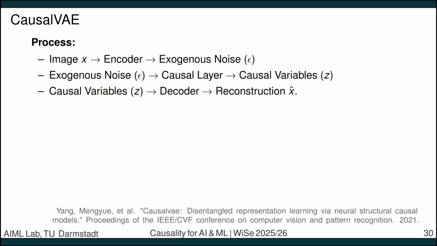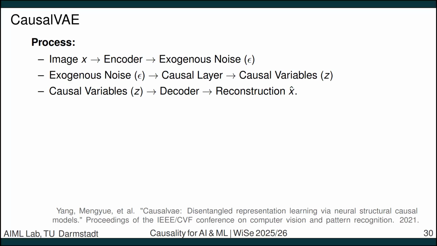Yeah. So again, I described this already. The process is usually this three-step procedure, and for causal VAEs, we now make a particular addition here. So the first and the last steps are usually the same: first we take an image, we encode it into those exogenous noise variables.